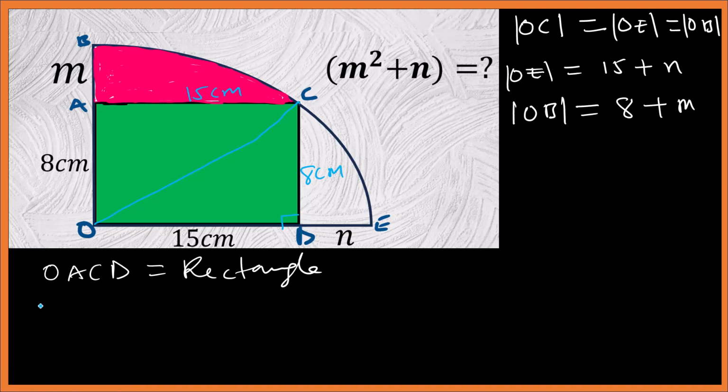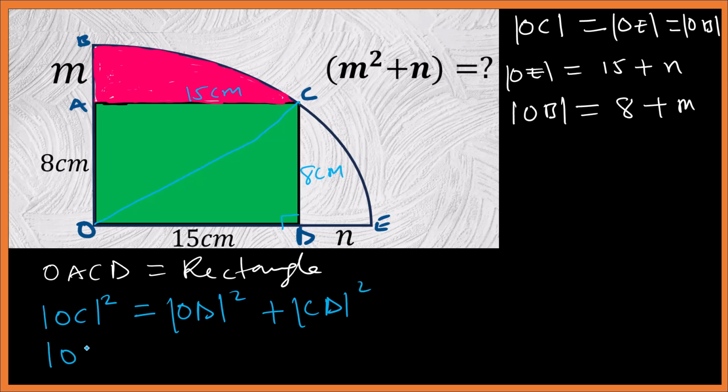Now from here, OC squared is the same as, so the theorem says the square of the longest side is equal to the sum of the squares of the other two sides. So we have OD squared plus CD squared.